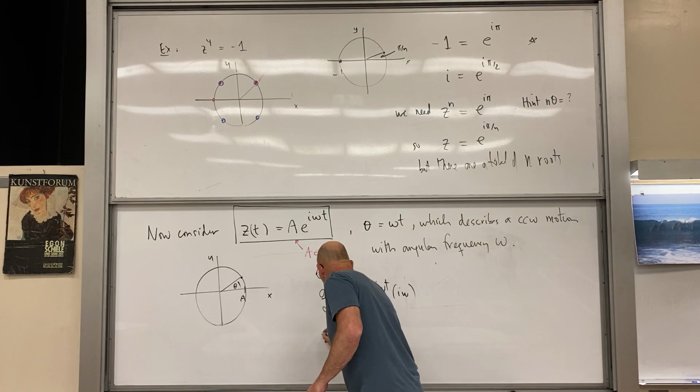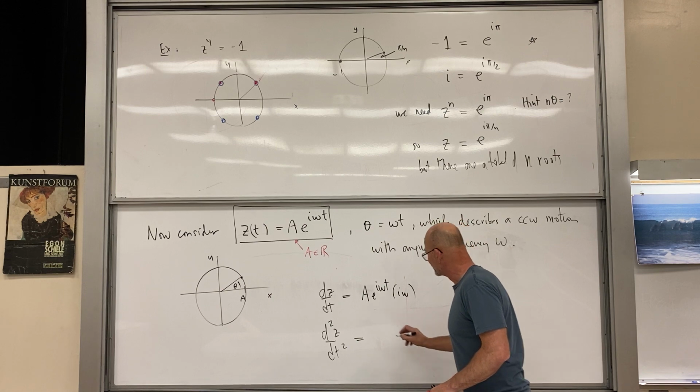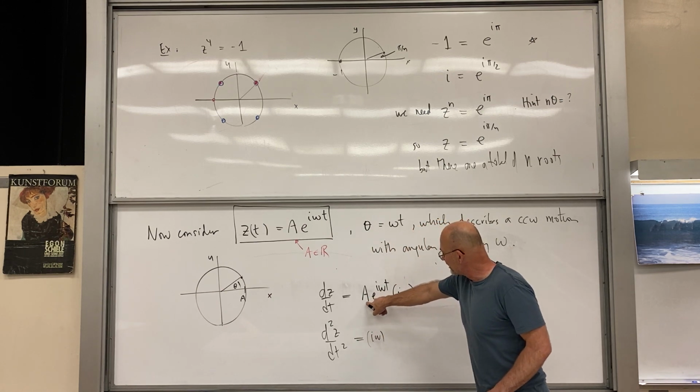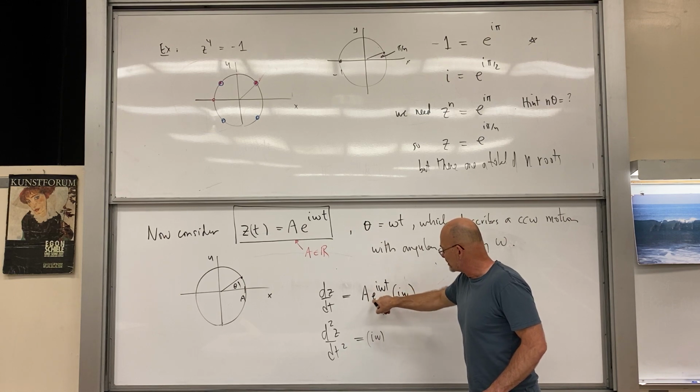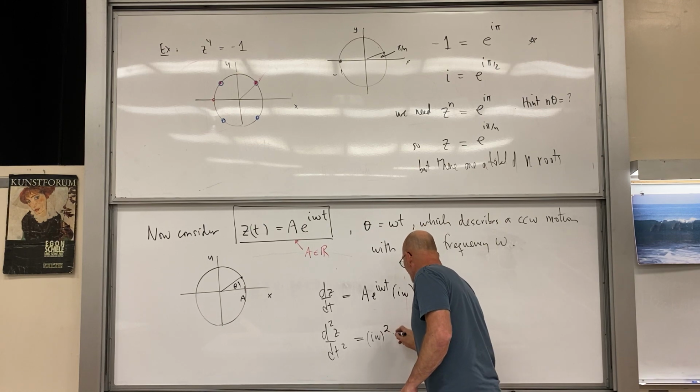d squared z/dt squared is going to do the same thing again. We've got the i omega. We've got the derivative of a e to the i omega t once again, which is going to bring another i omega. So i omega squared a e to the i omega t.